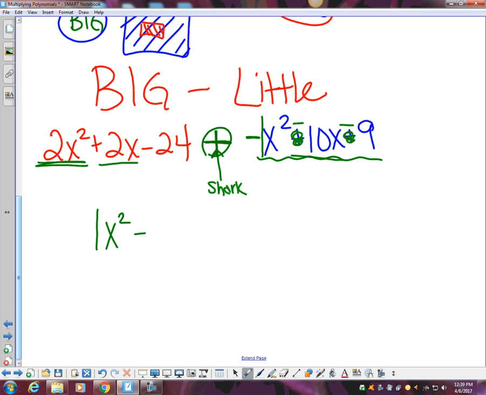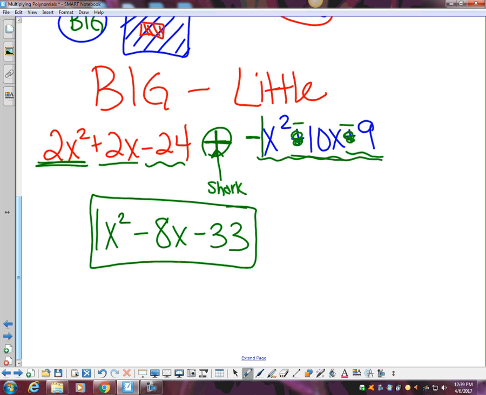That's going to give me a negative 8x. And then I have a negative 24 and a negative 9. Signs are the same, so I'm going to add. Well, 24 and 10 would be 34, and this is only 9, so 33. And it's negative because I keep the sign. And that is your donut, your rectangular donut.